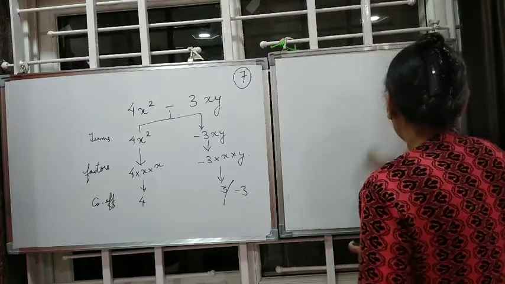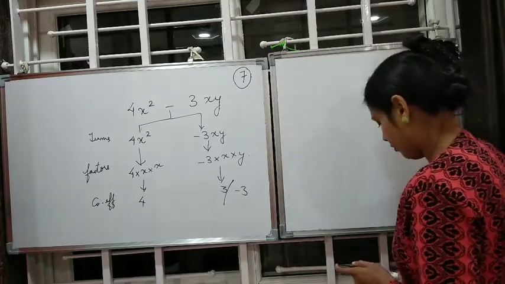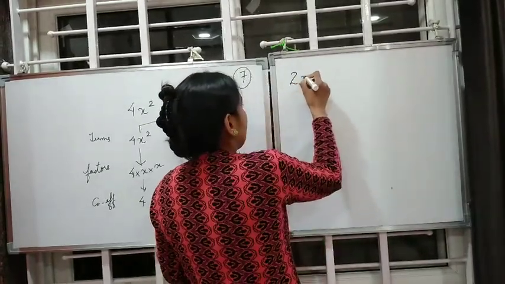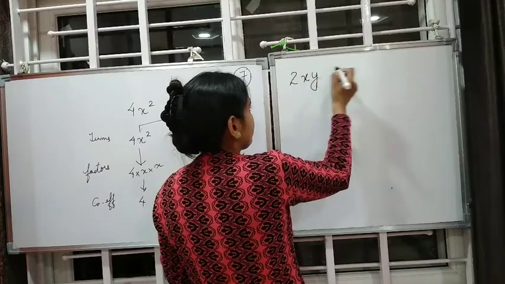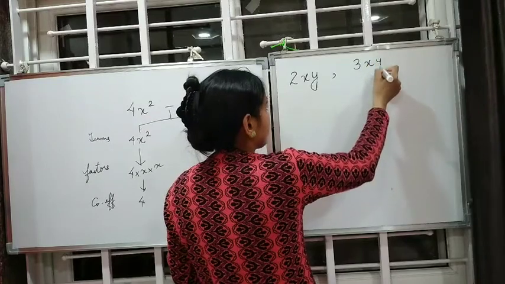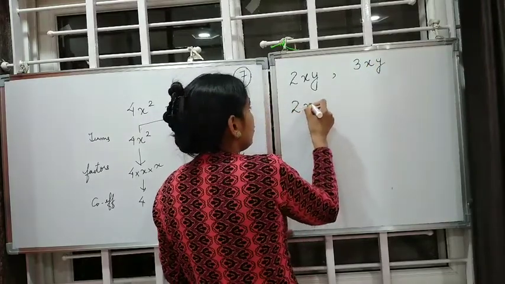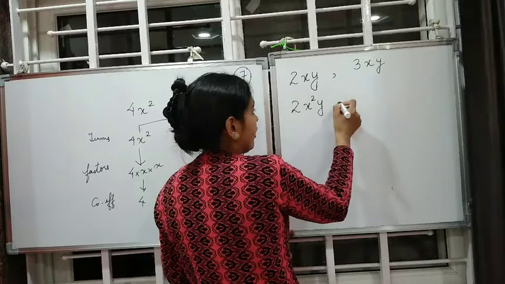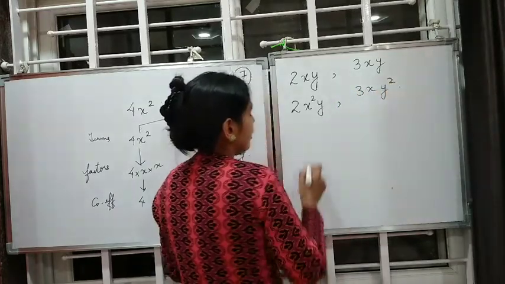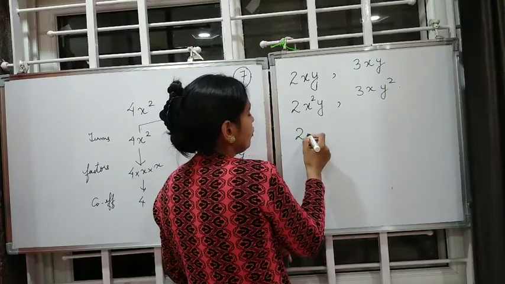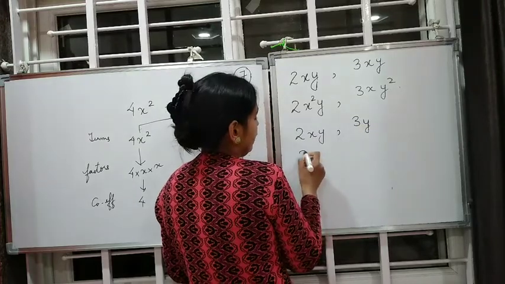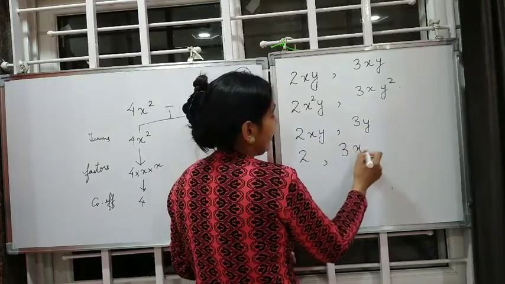Now, talking more about it, let's take some more examples, for example 2xy, 3xy, 2x square y, 3xy square, 2xy, 3y, 2, 3xy.